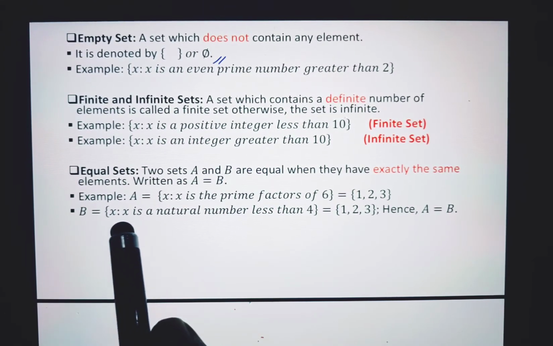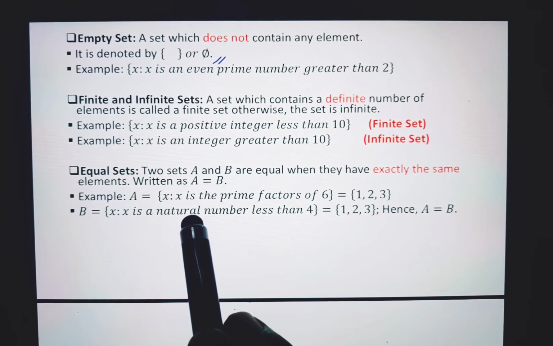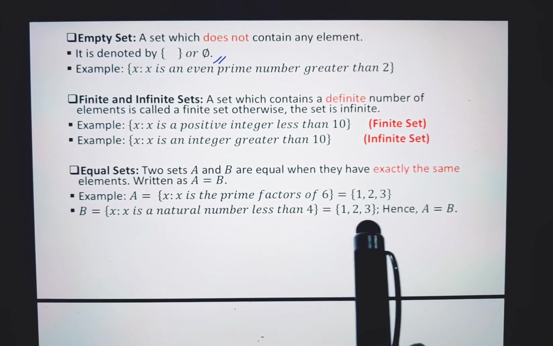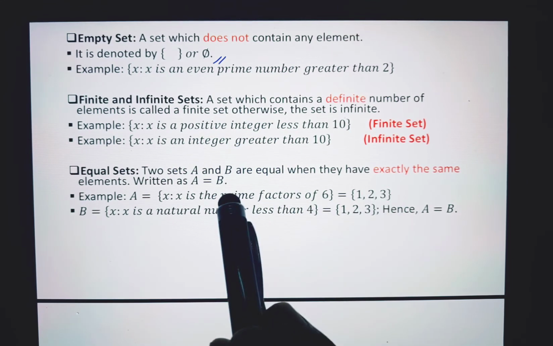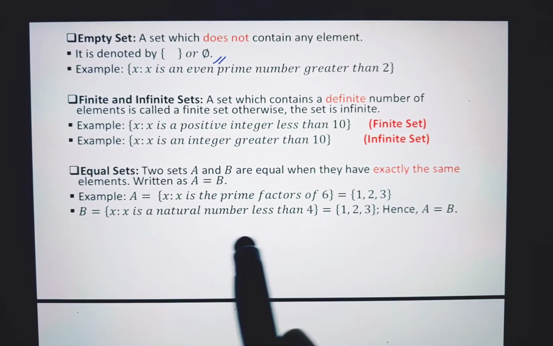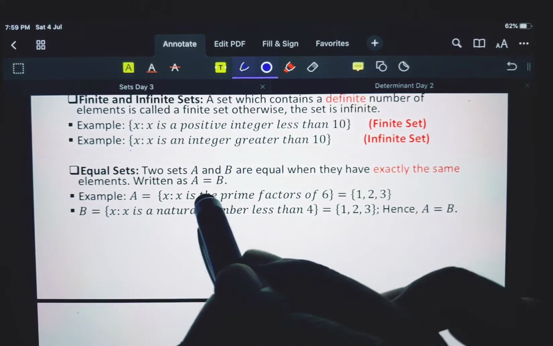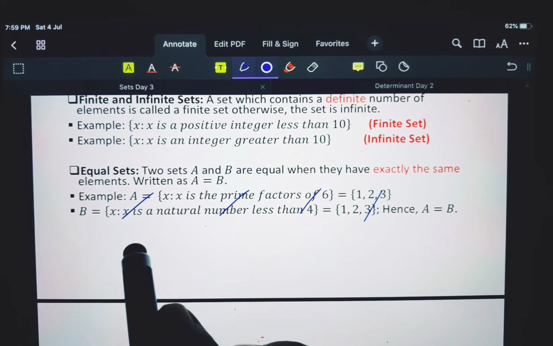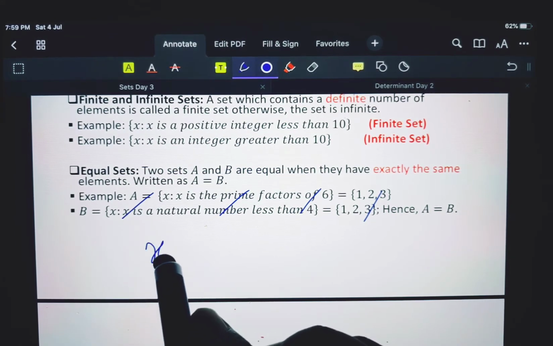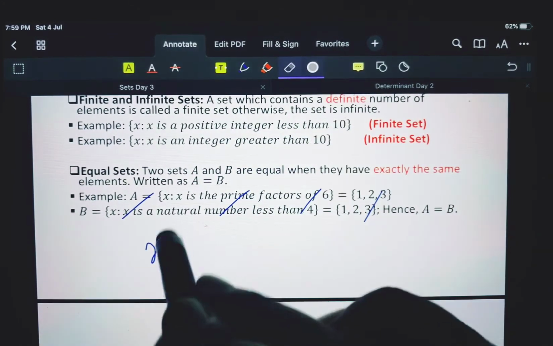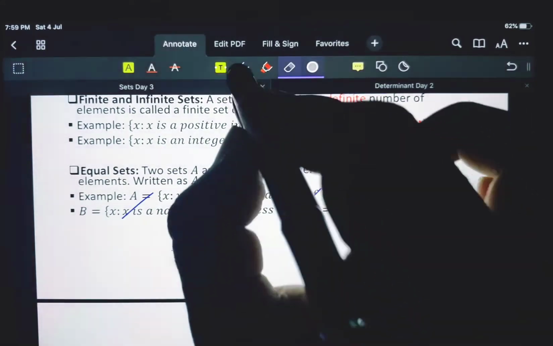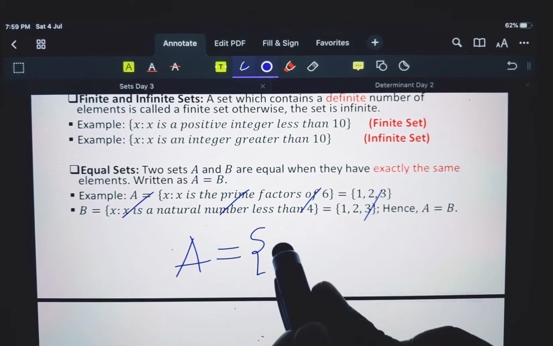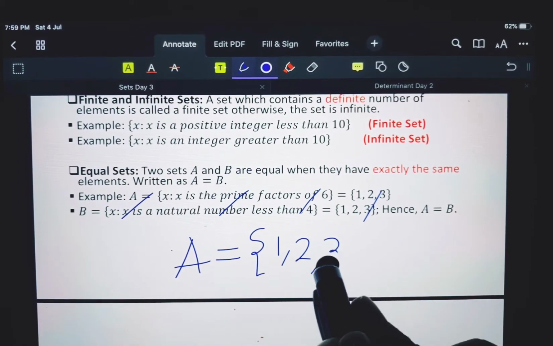Let's see an example. In this example on the slide there is a problem, so don't look at it, it's wrong. I will just give you another example. Suppose A is equal to 1, 2, 3.